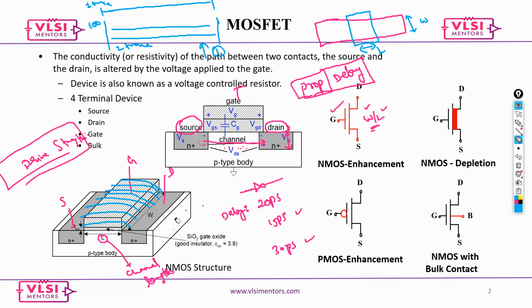In that case, your charges will not be able to travel much faster because there is a limitation. See here, this is your width. You will have only this area for the charges to travel, whereas when you have a bigger width, you will have a bigger area where the charges can travel.